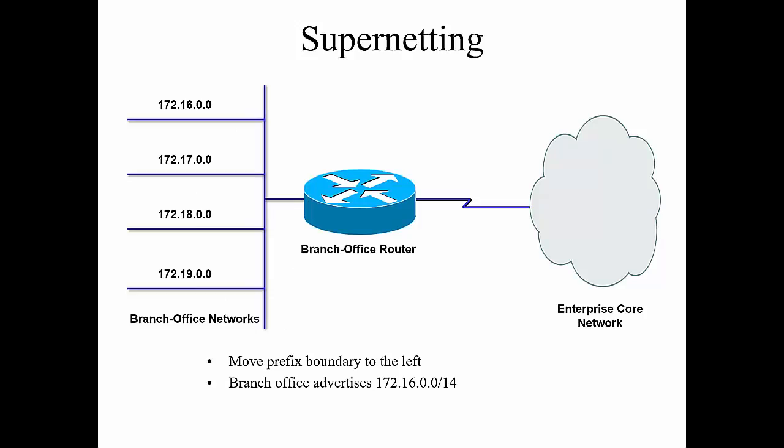So our supernetting, we move our prefix boundary to the left, not to the right. So our subnetting, we move towards the right. Here we have a /14. That means we're now working in the second octet.